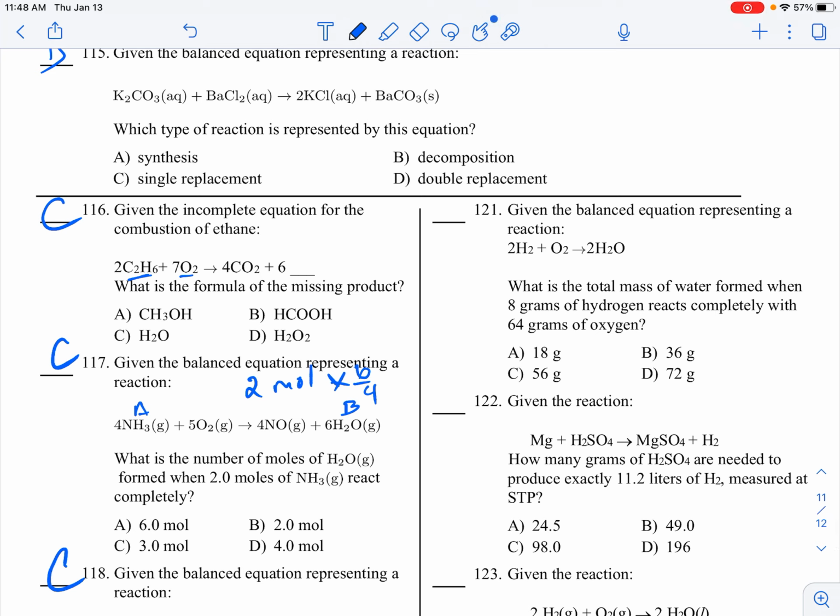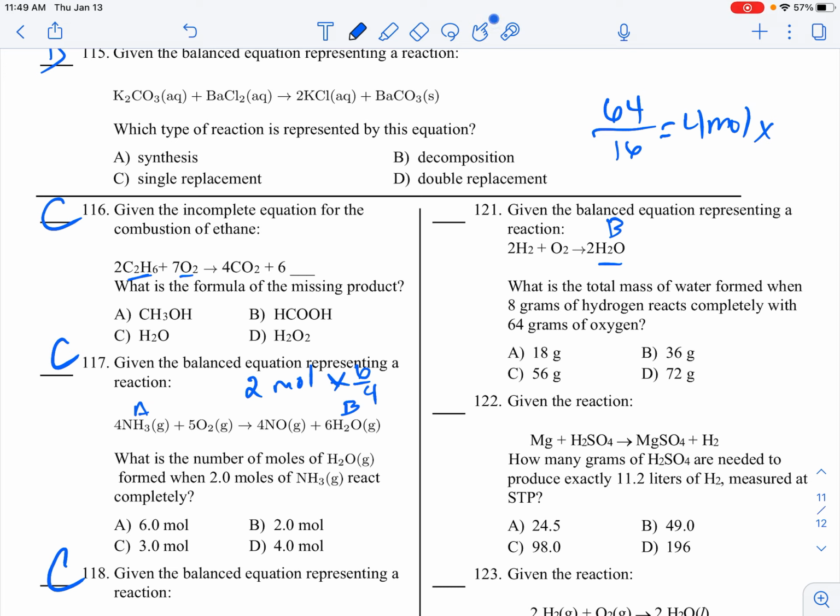What is the total mass of water formed when 8 grams of hydrogen reacts? Okay, so grams to grams. Okay, so 64 divided by GFM of oxygen, 16, is 4 moles times, I seek water, I know, oh shoot, I'm given both.